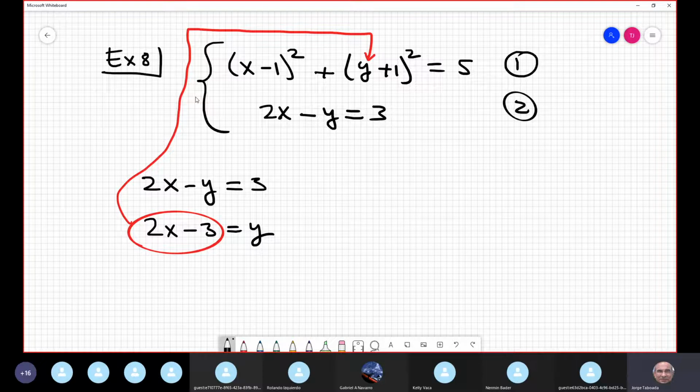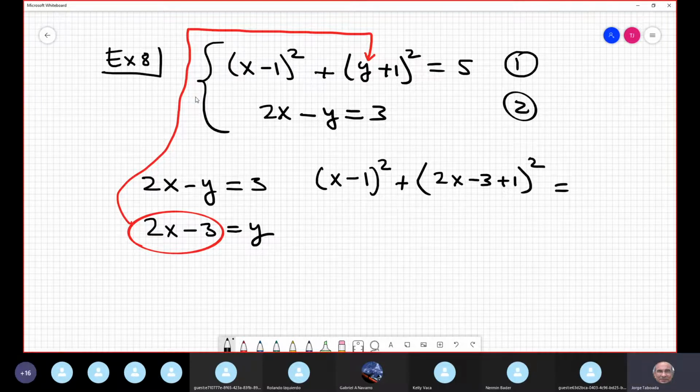So my equation so far is (x minus 1) stays the same, plus, no y anymore, it's (2x minus 3 plus 1) squared equal 5. Okay, nice. (x minus 1) squared plus (2x minus 2) squared, because minus 3 plus 1 is minus 2, equal 5.